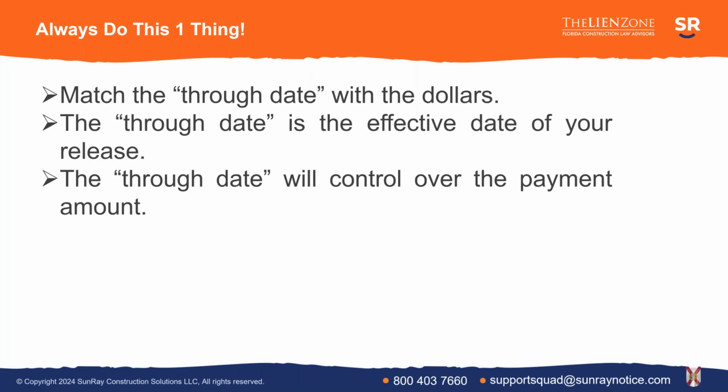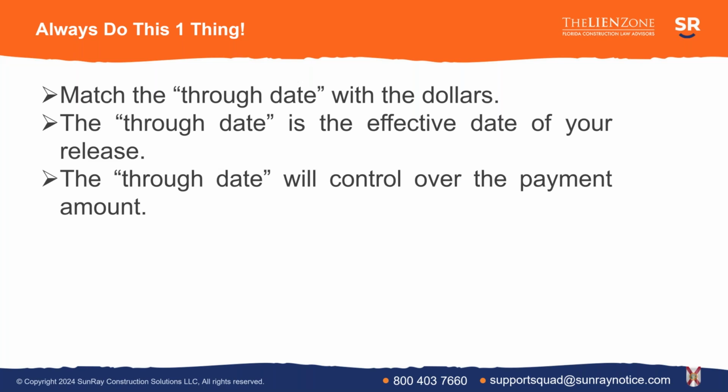So let's continue with my example. You show up and they only have a $6,000 check for you. You need now to change the through date of the release. So, okay, you're only paying me 6,000 instead of 10,000. Well, that only represents work through October 7th, October 21st.